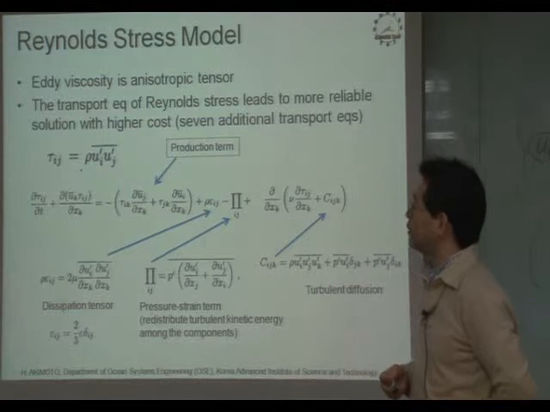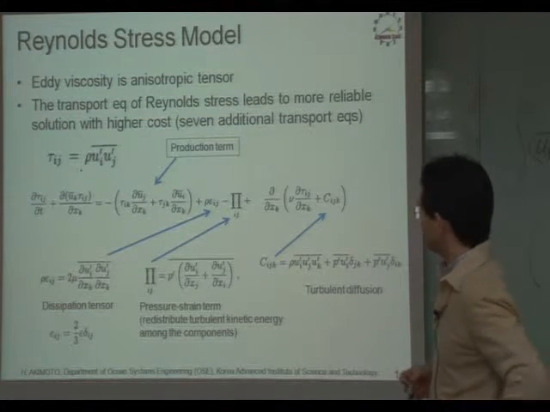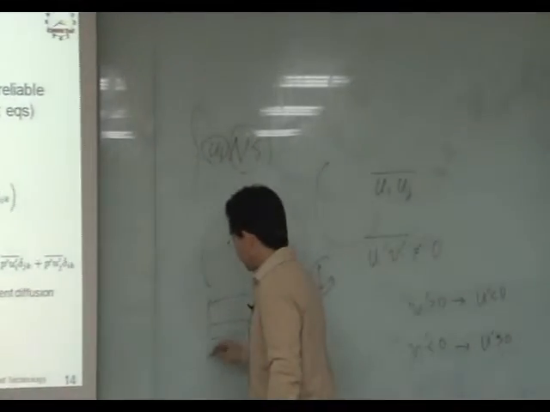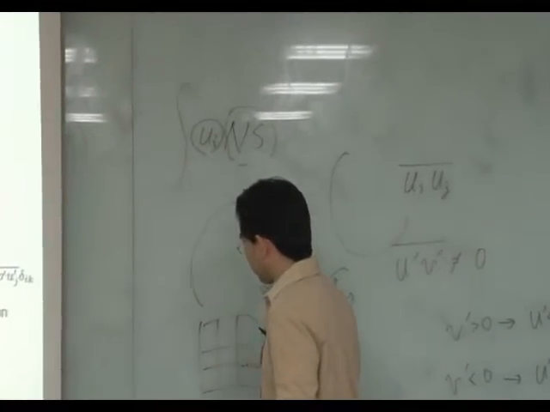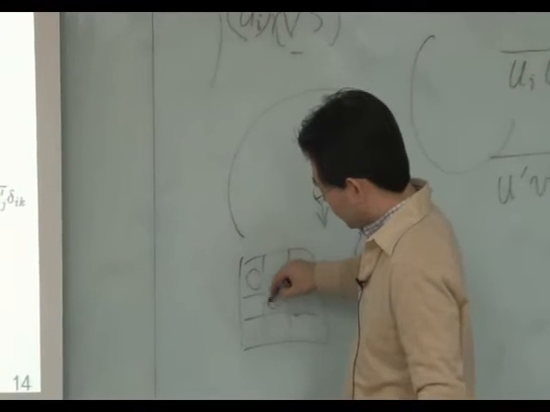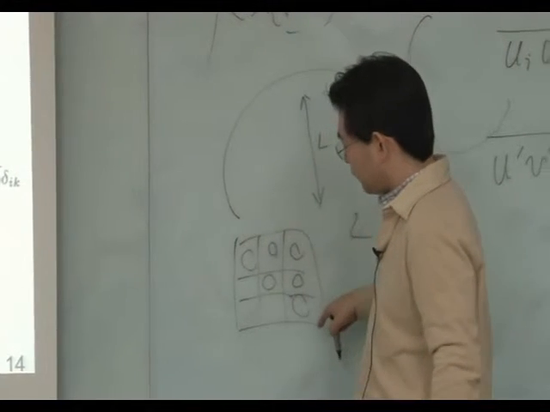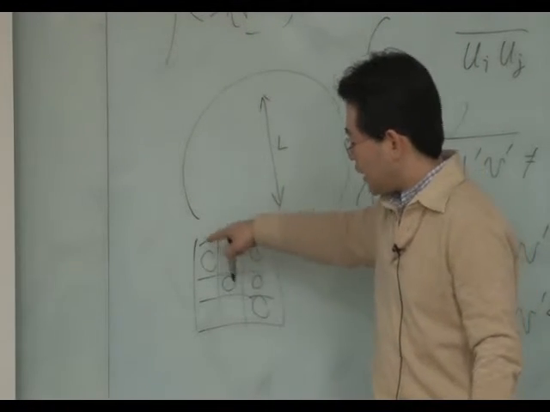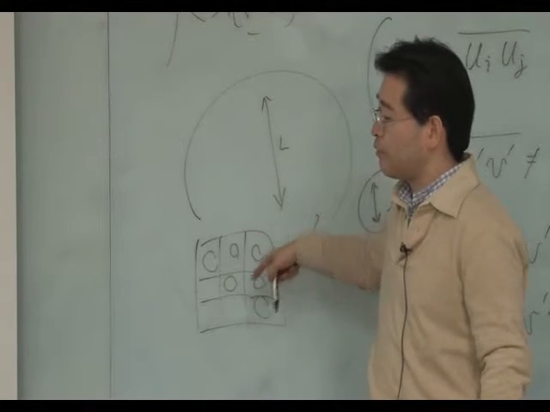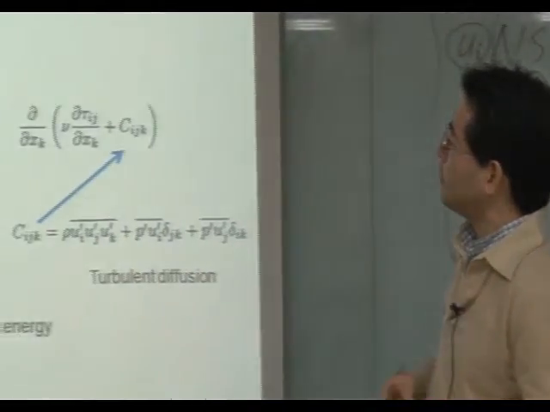So the required solution is 6 components, because if it is a 3-dimensional tensor and symmetric, we have to use diagonal 3 components and off-diagonal 3 components. In total, 6 components should be considered.